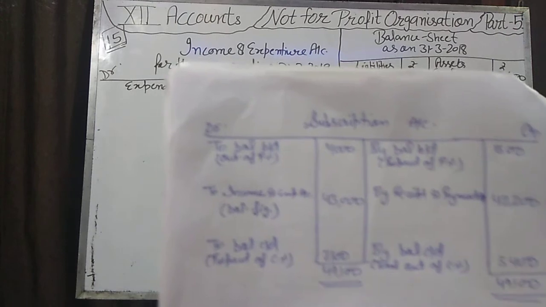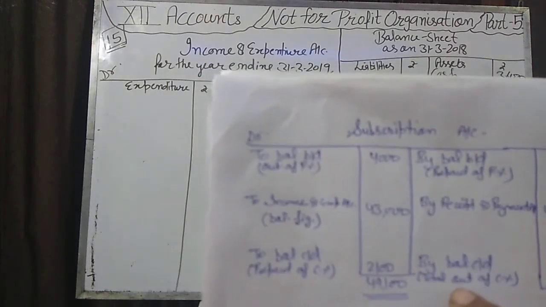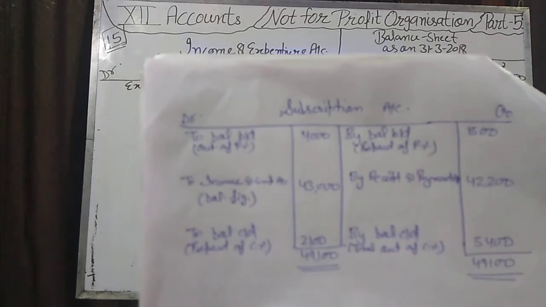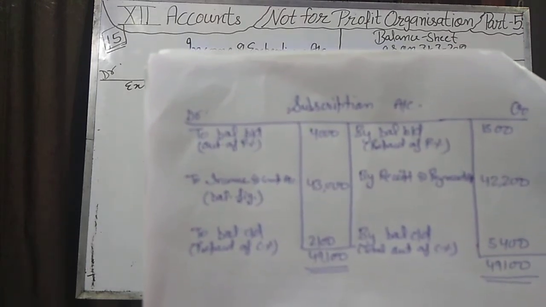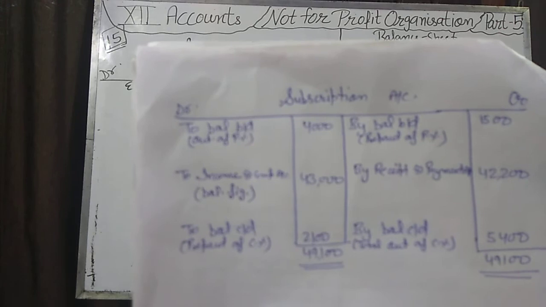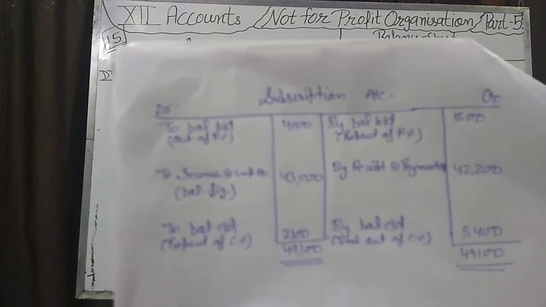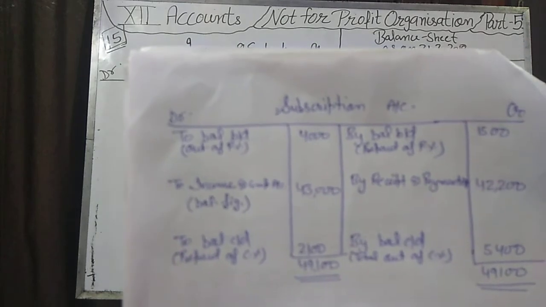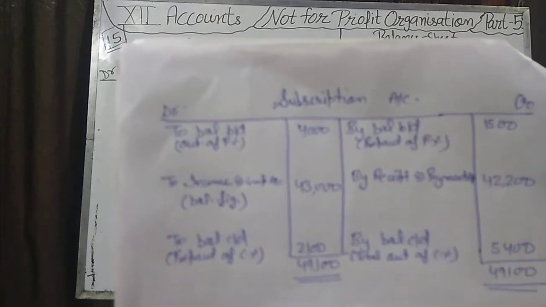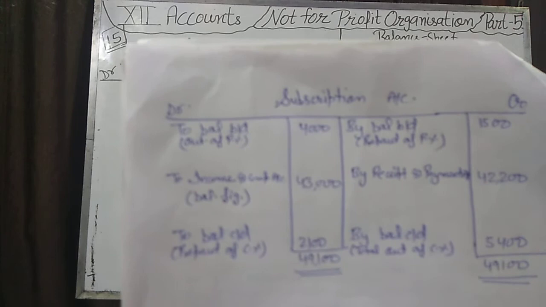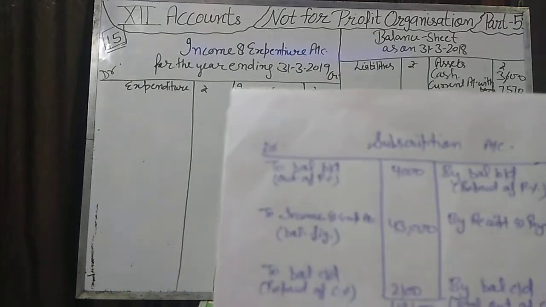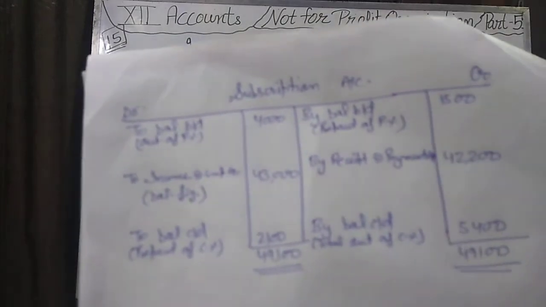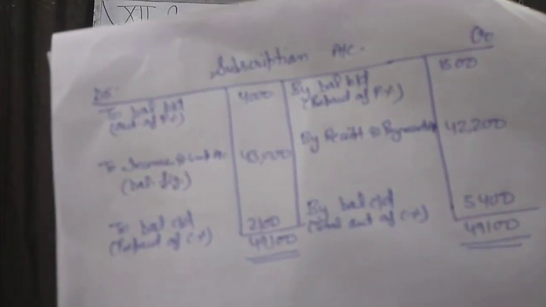And the outstanding and prepaid subscriptions we will write in the balance sheet. Outstanding subscription we will write on the asset side, and advance or prepaid subscription we will write on the liability side. Because subscription is our income, outstanding subscription is money which we will receive from members in the next year, so this is an asset. Okay, note down this subscription account.